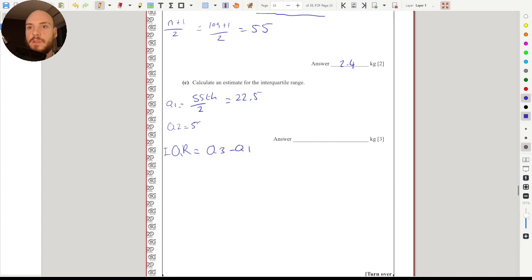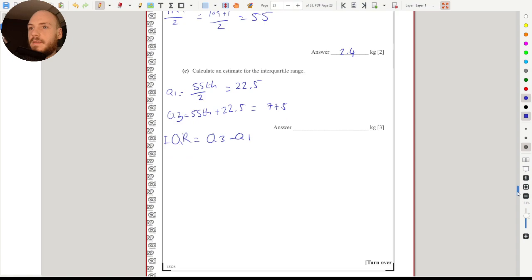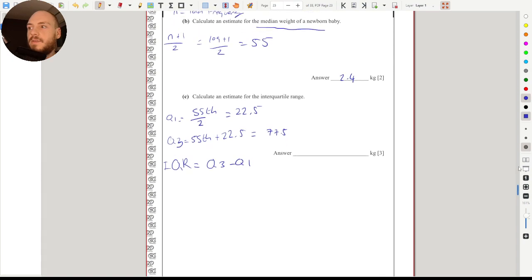Our Q2 is just the median. We can add that on to our median to give us the Q3 value, which would be 77.5. Now we're going to have to go back to our histogram and find the 22.5th value and the 77.5th value, and the actual value in kilograms.